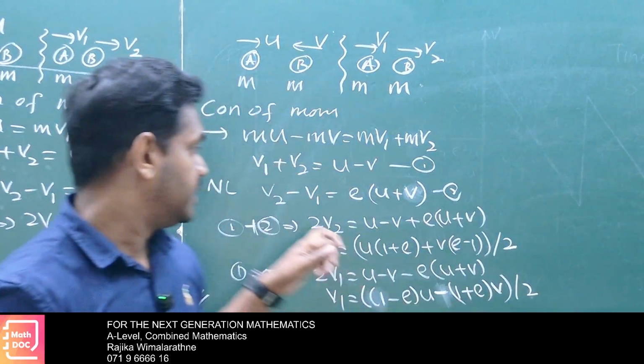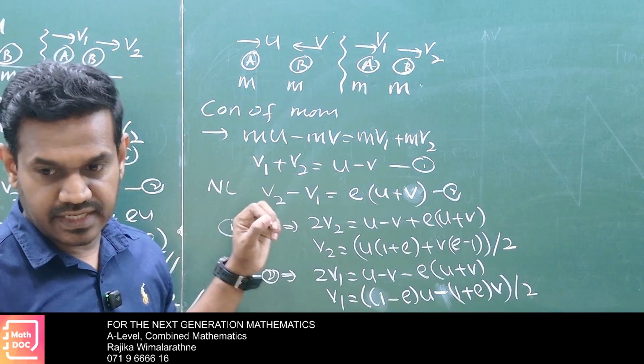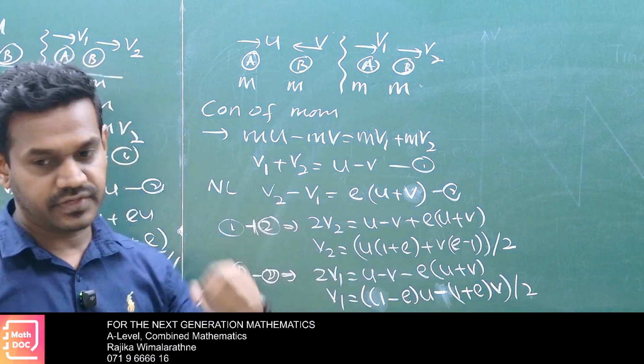So anyway, these two are important: conservation of momentum and Newton's law of restitution, that is the theorem. After your simplification, you can do it your way. Okay, do it.